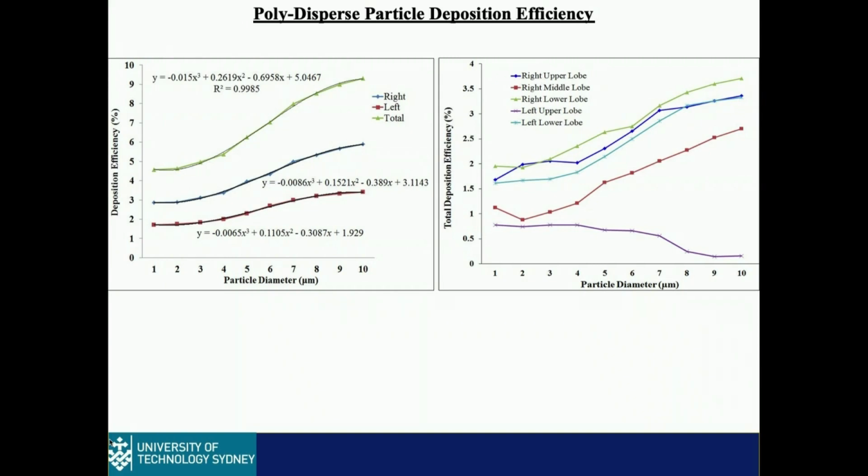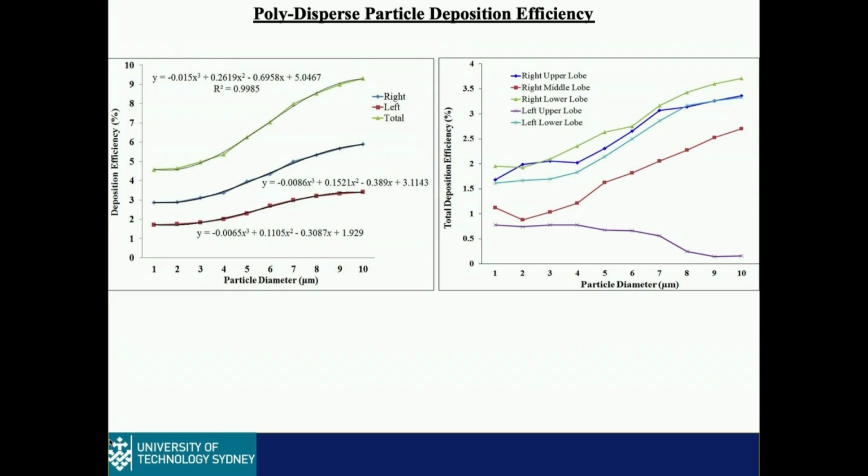And then we calculated the deposition efficiency based on the particle diameter, and we found that from 1 micrometer to 10 micrometer, we calculated for the right, left and the total, and we got this equation.